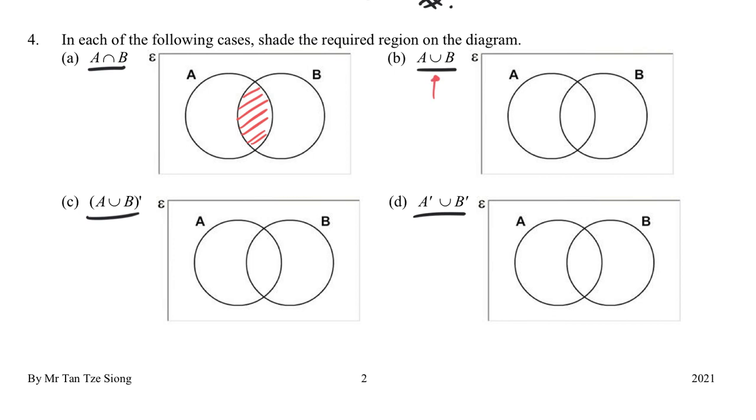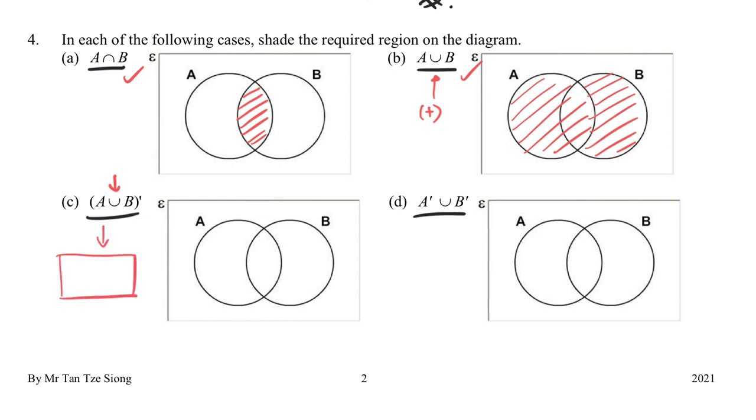For A union B, I think that's pretty simple also. Because of the idea of addition, I basically shade everything inside A first, and I add on everything inside B next to it. So A intersect B and A union B usually are quite straightforward. Now when it comes to more complicated sets like (A union B) complement, I suggest you just do a quick sketch at the side of the original set, which is inside first.